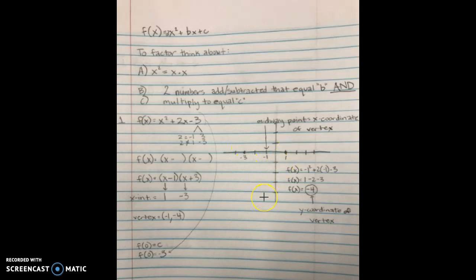Okay, and then the other thing that we want to look at: we figured out how to find the x-intercepts, where the function is going to cross the x-axis. We found out what the vertex is. We practiced that as well. The last thing we need to know is what is the y-intercept? Where does the graph cross the y-axis? In order to do that, we set x equal to 0.